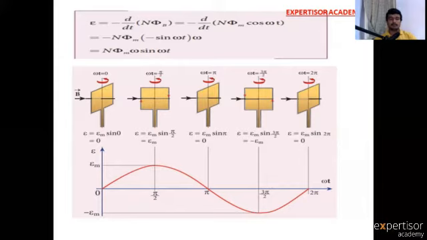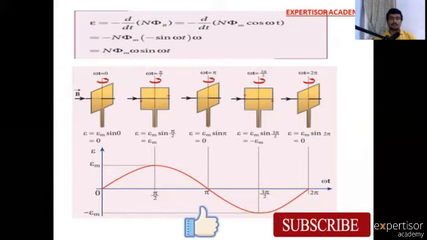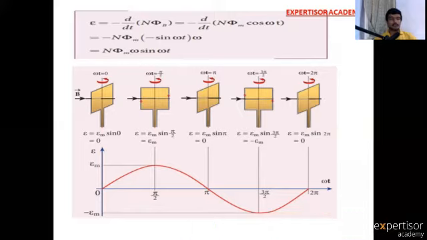So what is Faraday's law of electromagnetic induction? The induced EMF must be equal to the rate of change of flux. This induced EMF is opposite to the direction of the flux, so here we use epsilon equal to minus d phi by dt.